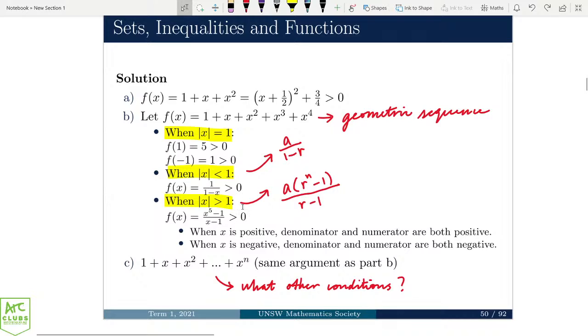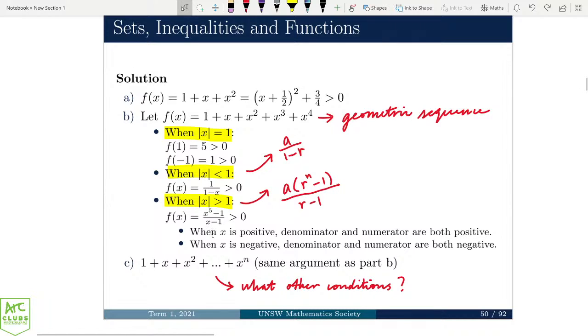Now lastly, we have the magnitude of x being greater than 1. So we use this particular formula over here. And then here the case is slightly more complicated, so we need to break it down into 2 further subcases, if you like.